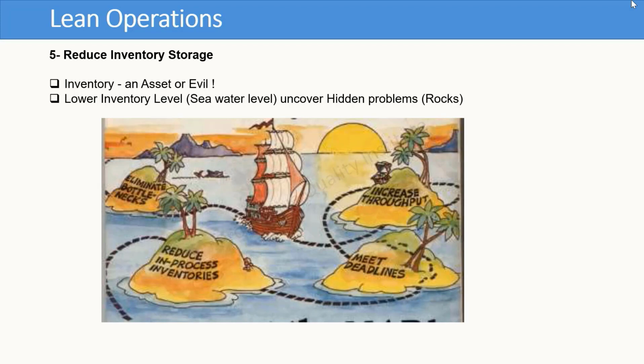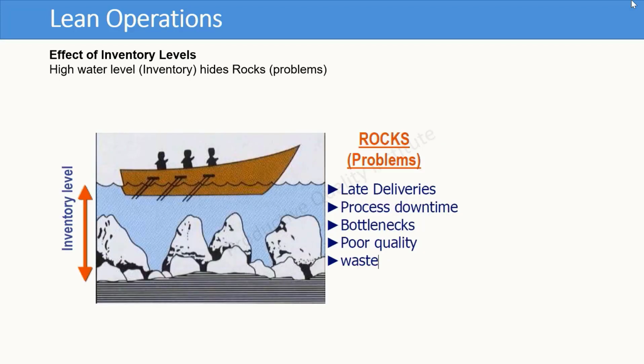Inventory can be likened to an asset or an evil. A lower inventory level is like a lower seawater level, which will uncover hidden problems, or rocks. Examples of rock problems are late deliveries, process downtime, bottlenecks, poor quality, waste.